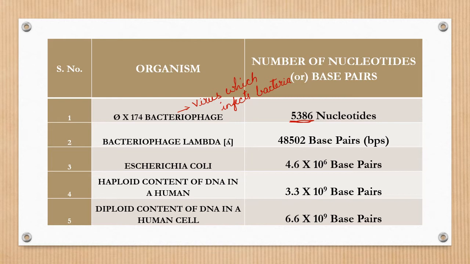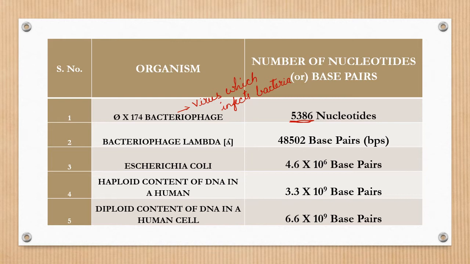Escherichia coli, a bacterium, consists of 4.6 into 10 to the power of 6 base pairs in a cell. All these three are unicellular organisms.